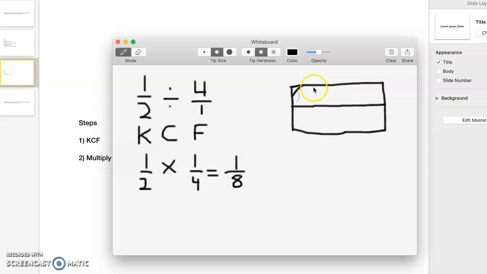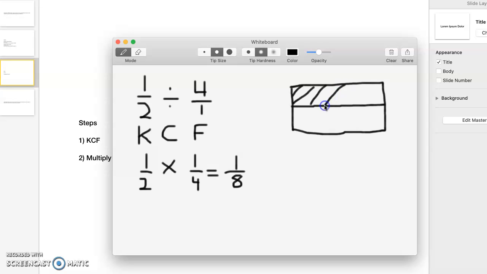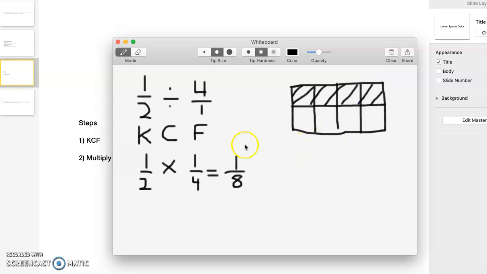So let's shade in the top. The second fraction, 1/4, this 4 means we're now going to cut it vertically into 4 parts. Okay, and now this 1 means, just like before, we're going to shade in one of the 4 parts.